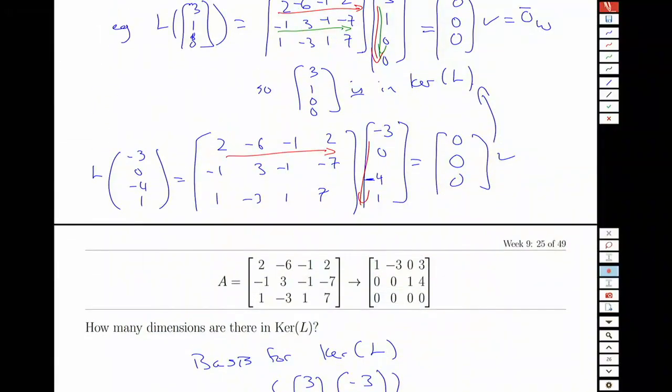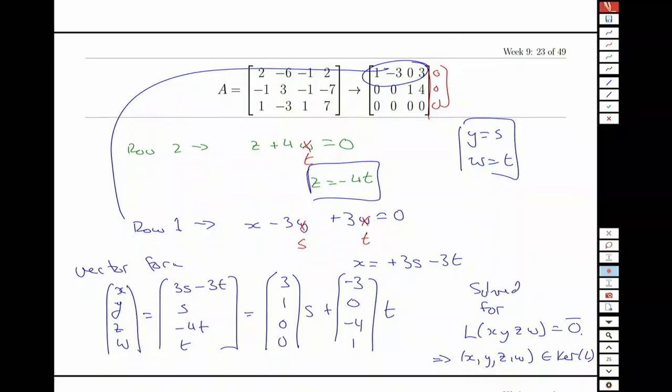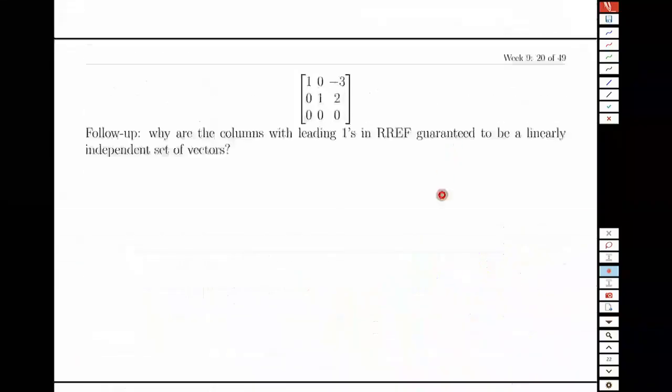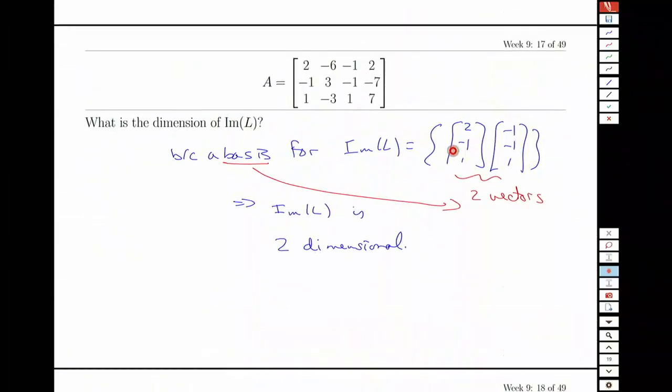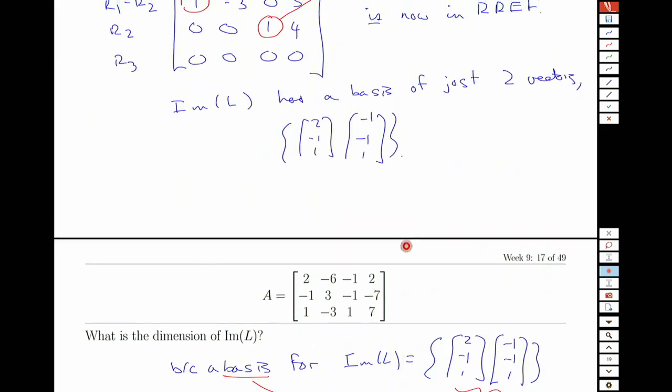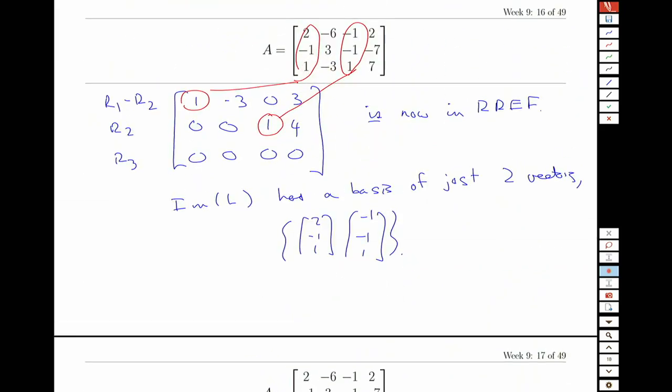So let's take a look back at the image thing for a second. Right. So in this case here, the algorithm for the image was take the columns with leading ones in the RREF. Those become your basis for your image.